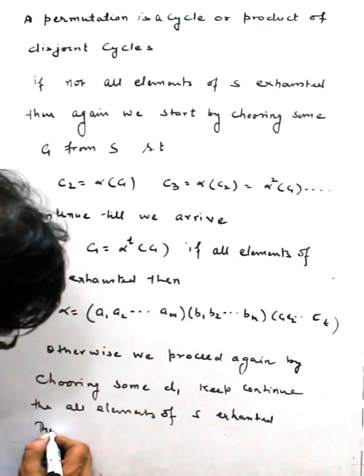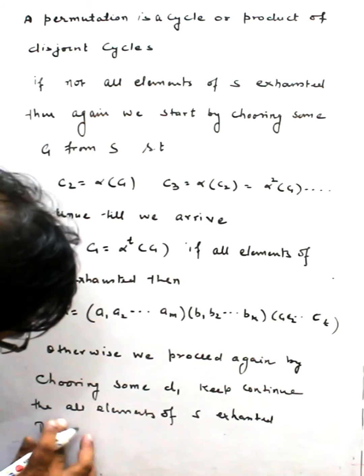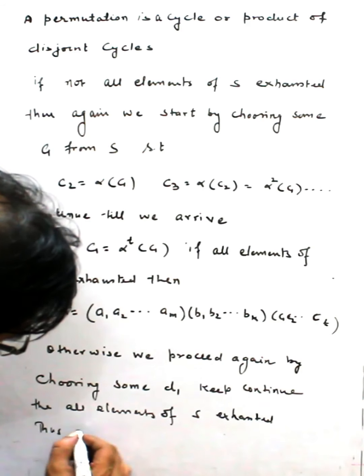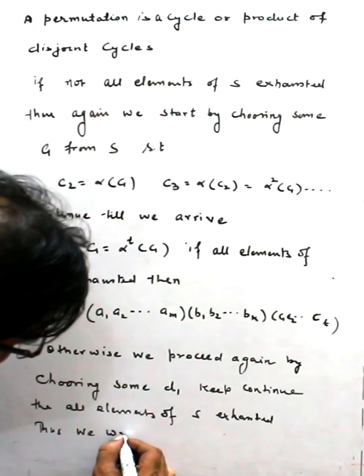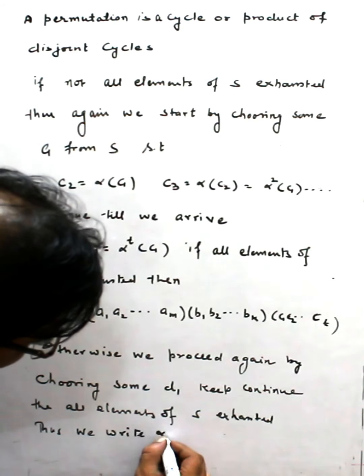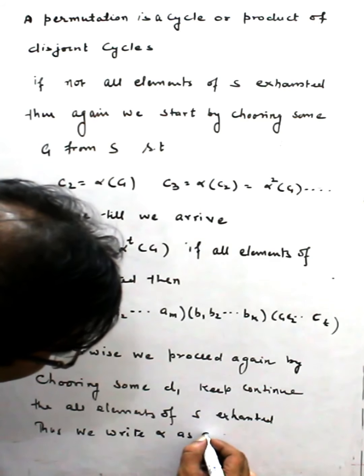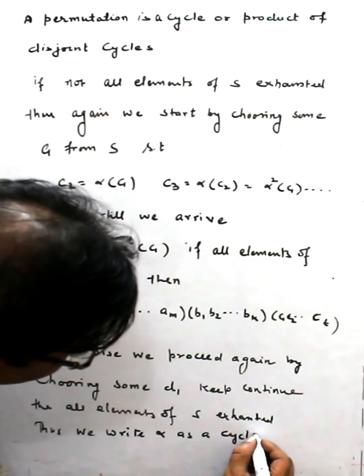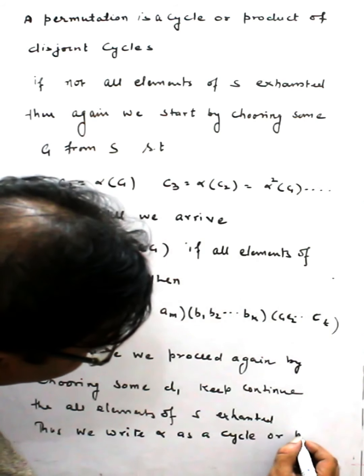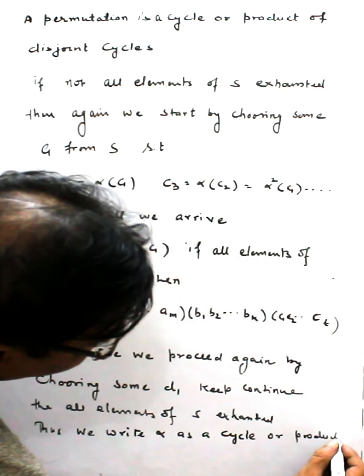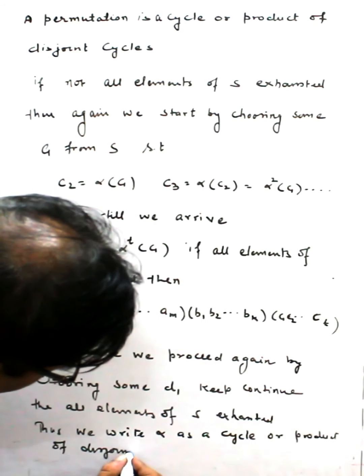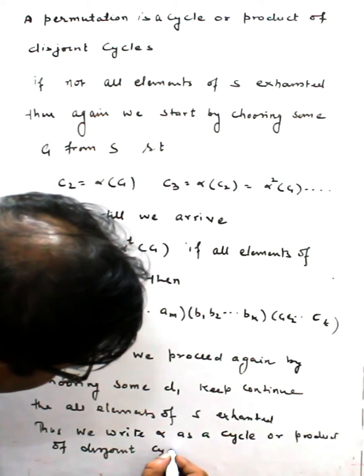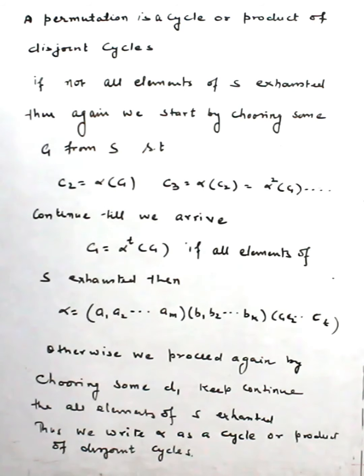Thus we write alpha as a cycle or a product of disjoint cycles.